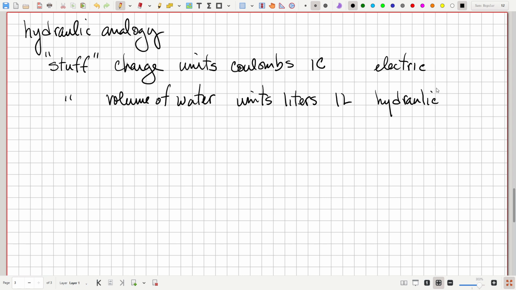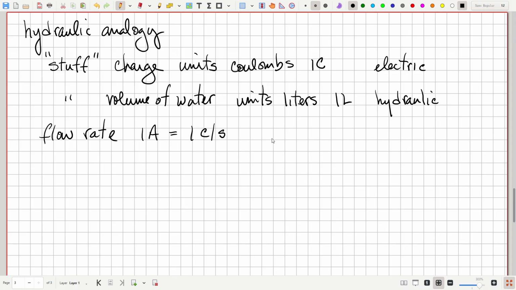Now, let's see. We have, of course, flow, or flow rate, if you want to think of it that way. So for the electric case, it's amps. 1 amp is 1 coulomb per second. So it's the flow of a certain amount of our stuff every second.